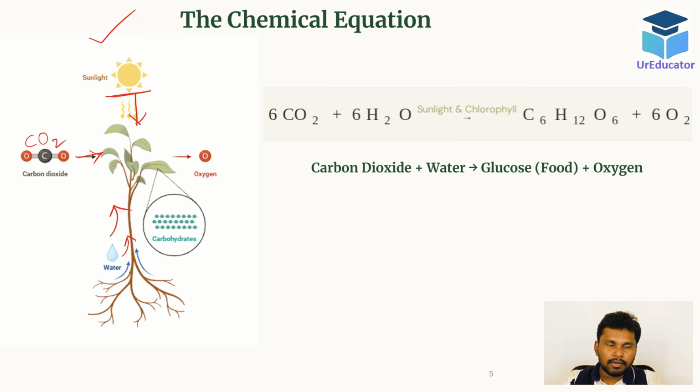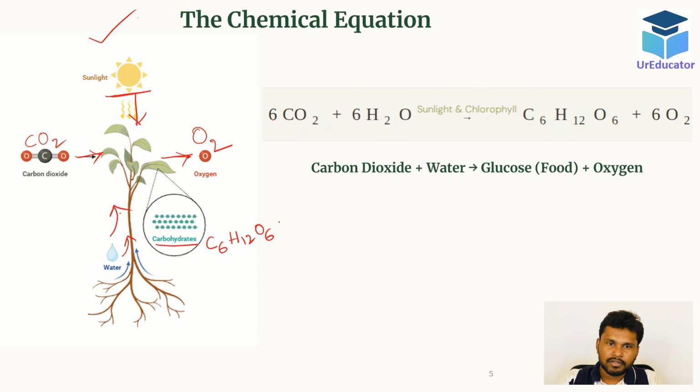Along with taking all these three things, the plant will give out oxygen and also carbohydrates, whose formula is C6H12O6. C6H12O6 is the formula for carbohydrates.